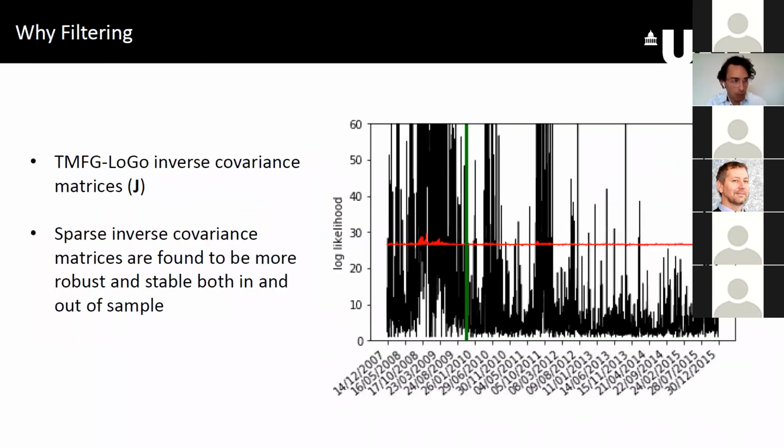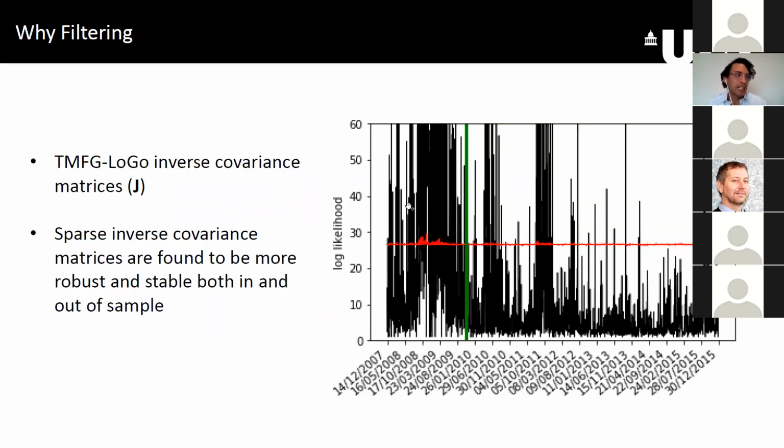One more thing: I said that our clusters are defined using only a variance covariance matrix and a mean vector. For the variance covariance matrix, we use the TMFG LoGo filtered inverse covariance. Why? Here we show one of the reasons why filtering the variance matrix played a very important role. What you see in this chart is the daily likelihood for just one cluster.